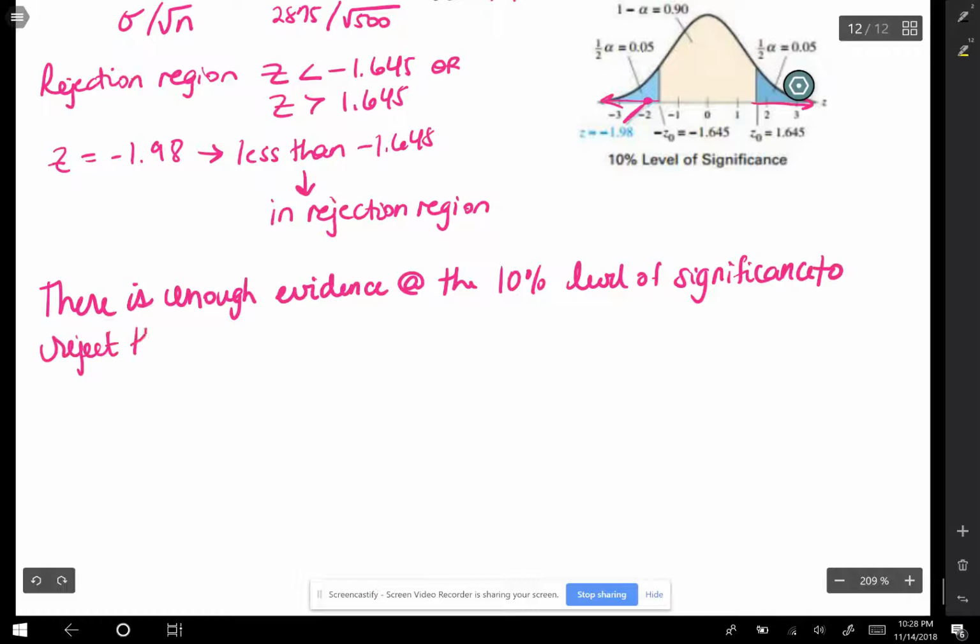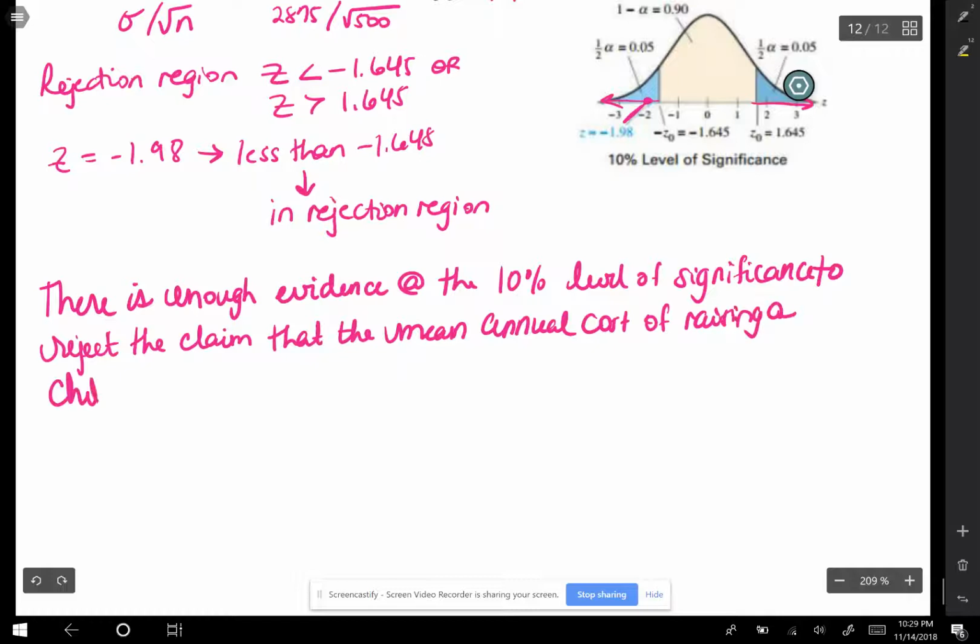And then you always want to state what the claim was: that the mean annual cost of raising a child 2 and under, by married couple families and all of that, is $14,050.